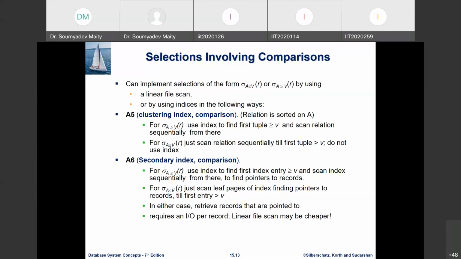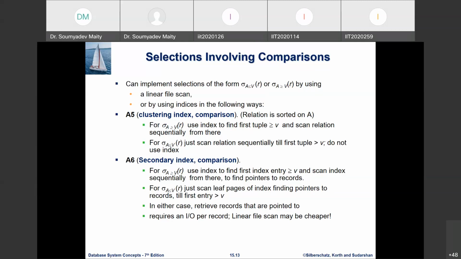So you can start from the first leaf page up to the leaf page which is containing that condition where the condition fails. So retrieve all the pointers and then accordingly retrieve the records.